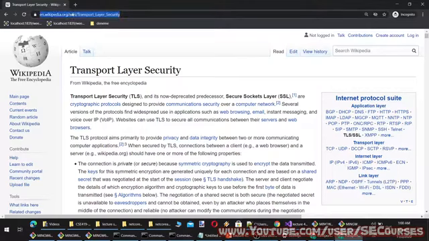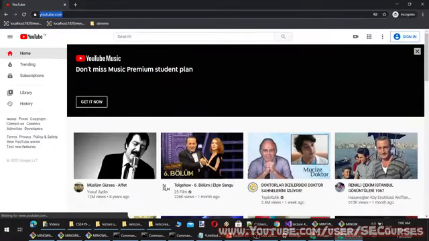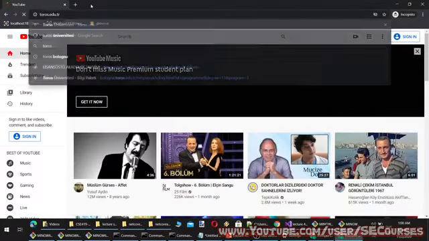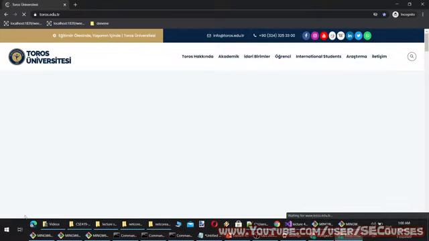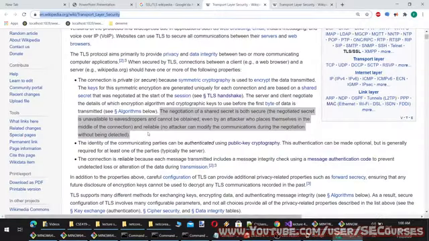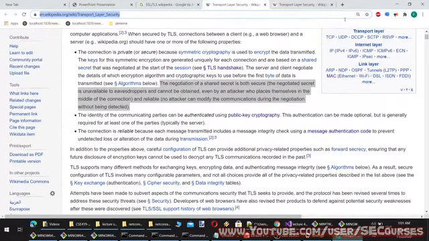Perhaps we can try with our website. Let's try Toros. Okay, it was also instantaneous. I couldn't let you see that message, but you may have noticed it in your browsing. If there is some delay, you will see "establishing a secure connection" first, then the data transfer starts.